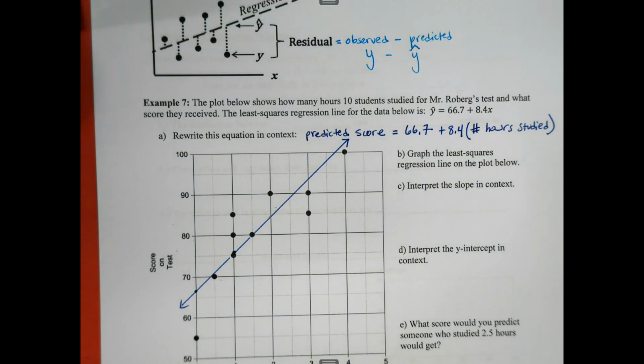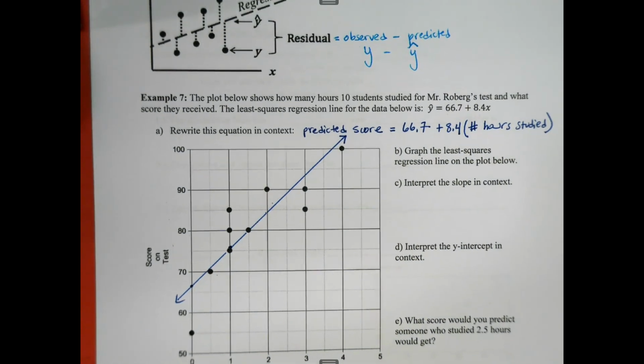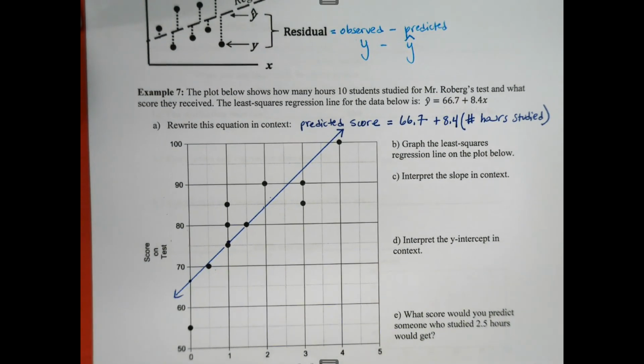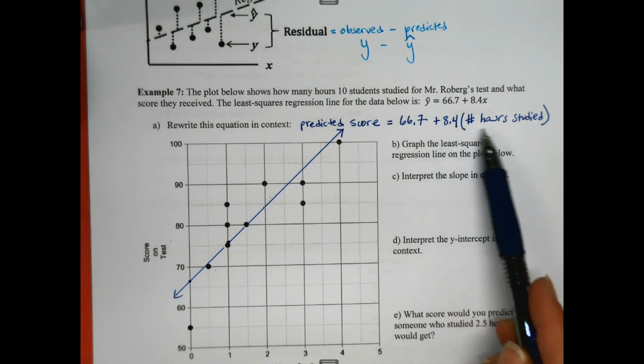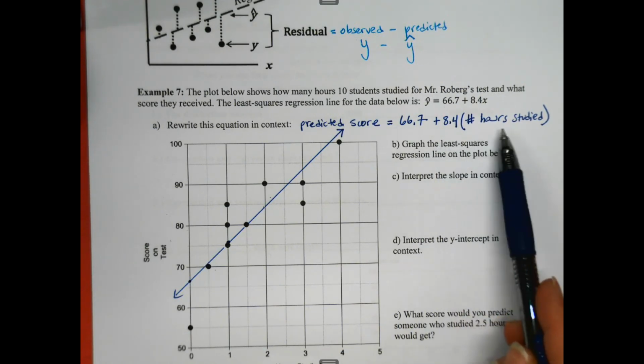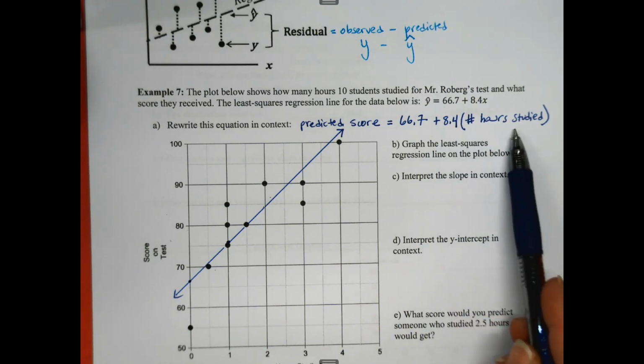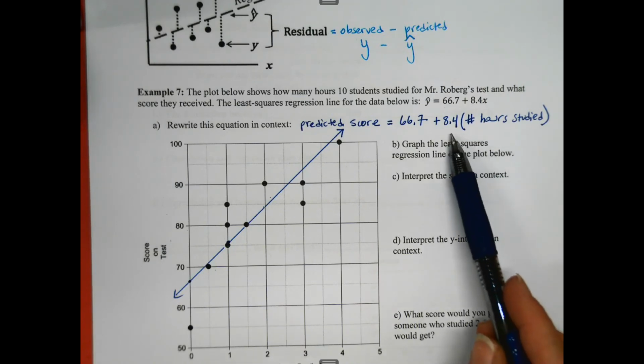For part C, it says to interpret the slope in context. What does our slope mean in this situation? Our slope is telling us that for every 1 hour that we increase in studying, our score, or our predicted score, is going to go up by 8.4 points.